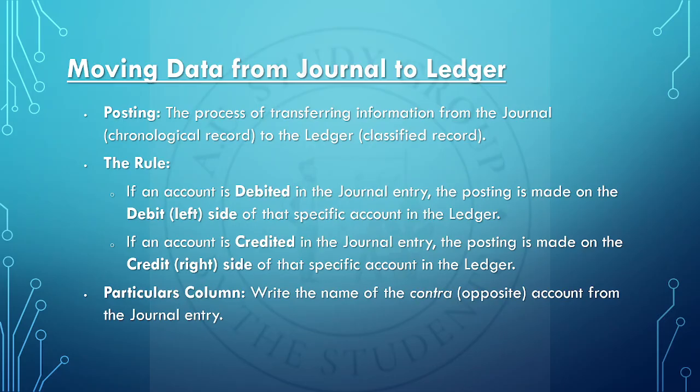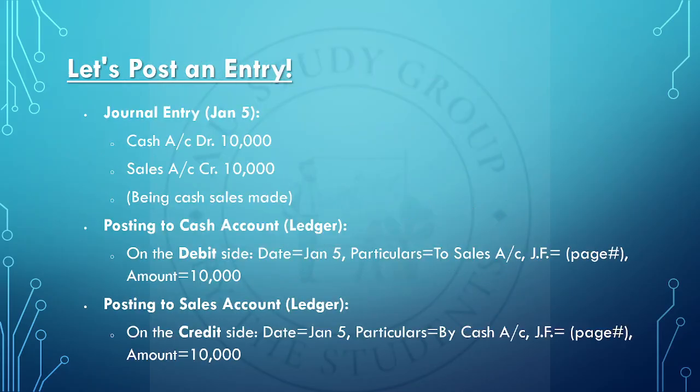If the account is credited in the journal entry, the posting is made on the credit side of that specific account in the ledger. In the particulars column, you write the name of the opposite account from the journal entry. Let's understand this by example.